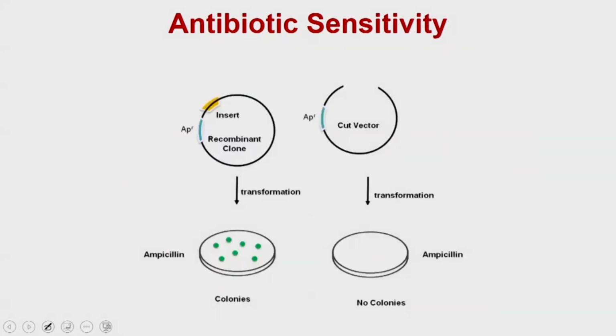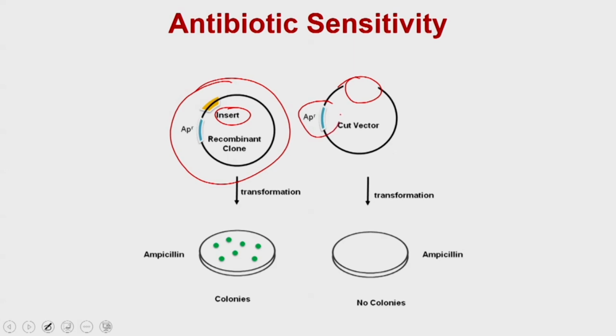Which means if you put the insert into the plasmid and go for a ligation reaction, it will give you the circular plasmid, whereas in the other case you are going to have the linear plasmids which still contain the ampicillin resistance gene, but because it is a linear plasmid, it is not going to express the ampicillin resistance gene, and that will not confer any resistance.